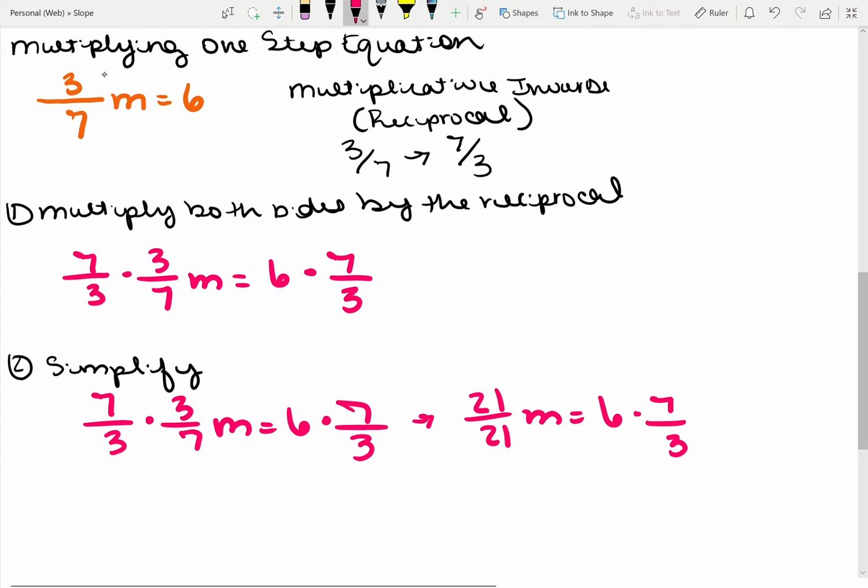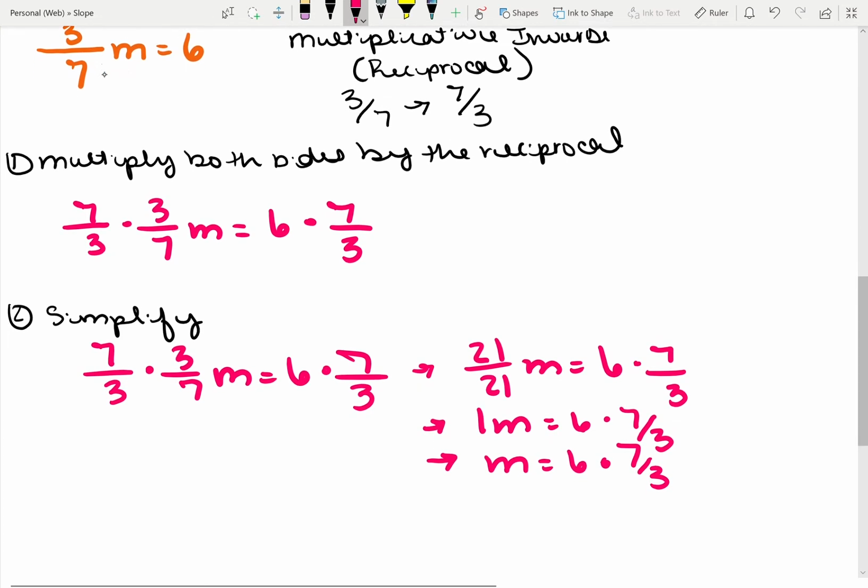And 21 over 21 leaves us with 1m, which in reality is the same thing as m is equal to 6 times 7 over 3. I'm going to slide the page up just a tad bit so that we can have a little bit more room to work.